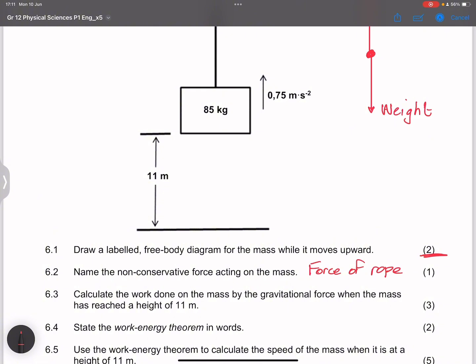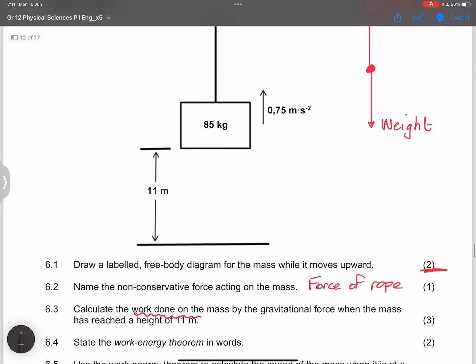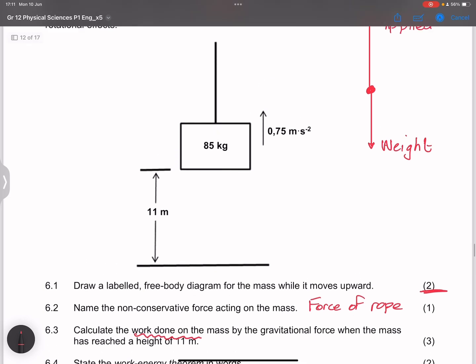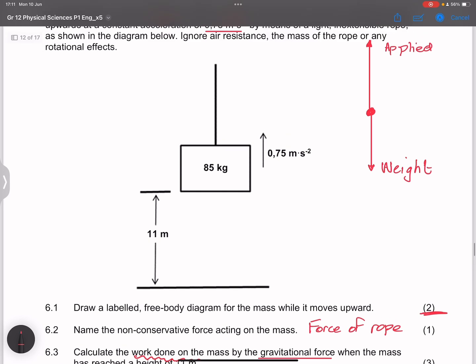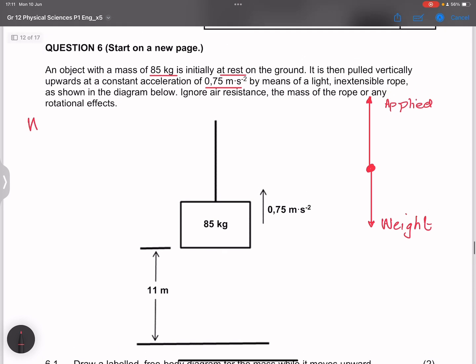Right, so what are we looking for? We're looking for the work done by gravitational force. So how would we get that work done? Work done by gravity. Note that, by the way, this object is going upwards, so of course we're going to take the upwards direction as positive.